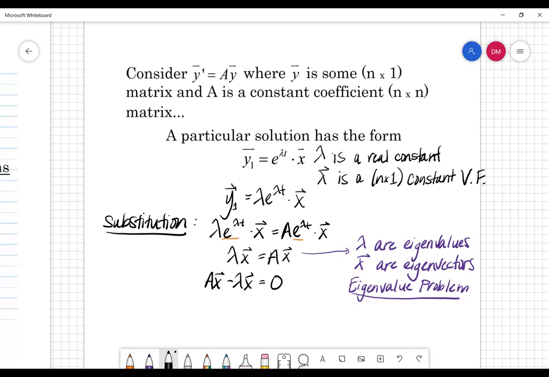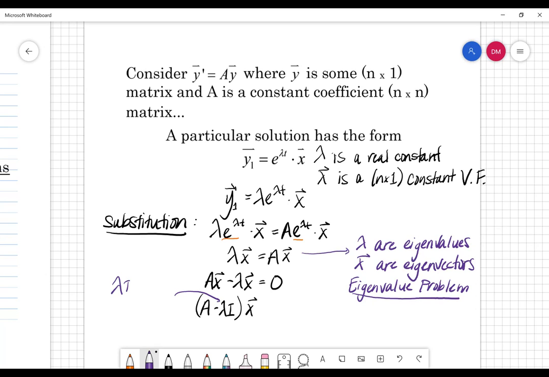And we're going to factor out this vector function x. Now, what we get in parentheses here is not just A minus lambda, it's A minus lambda times the identity matrix. We use this idea of our identity matrix to help us figure out what lambda looks like in matrix form.